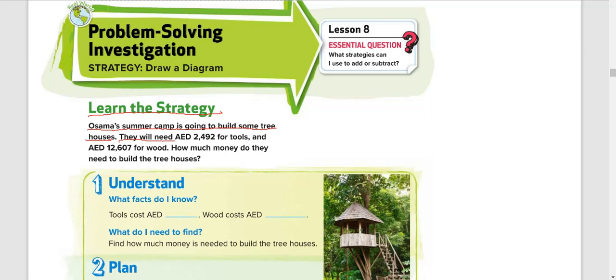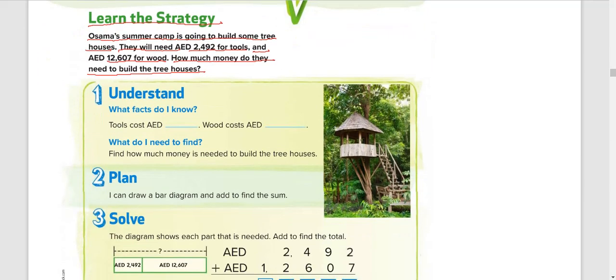They will need 2,492 for tools and 12,607 for wood. How much money do they need to build the tree houses? So basically, two things are needed: the tools and money for the wood.